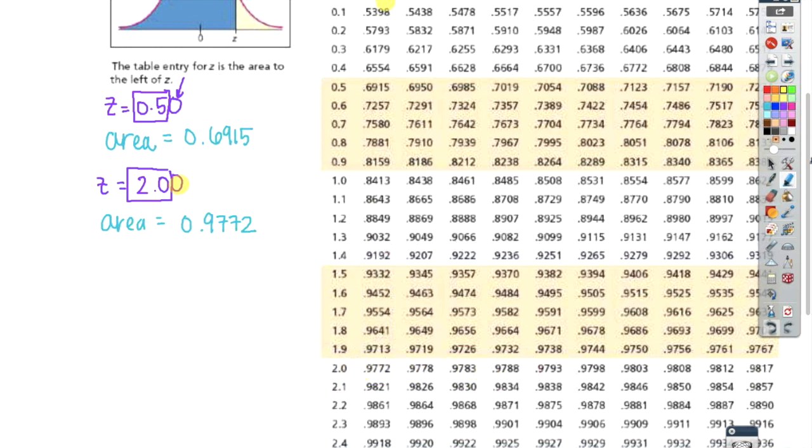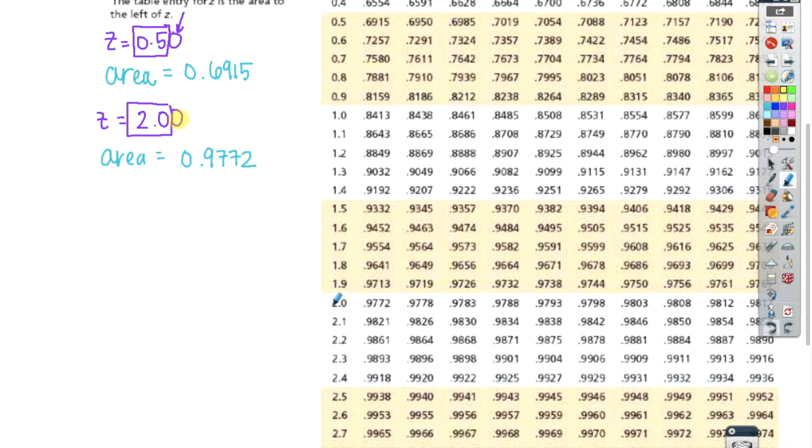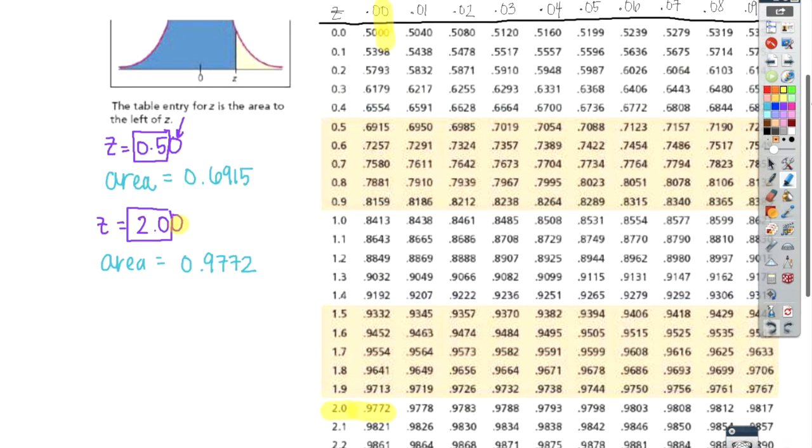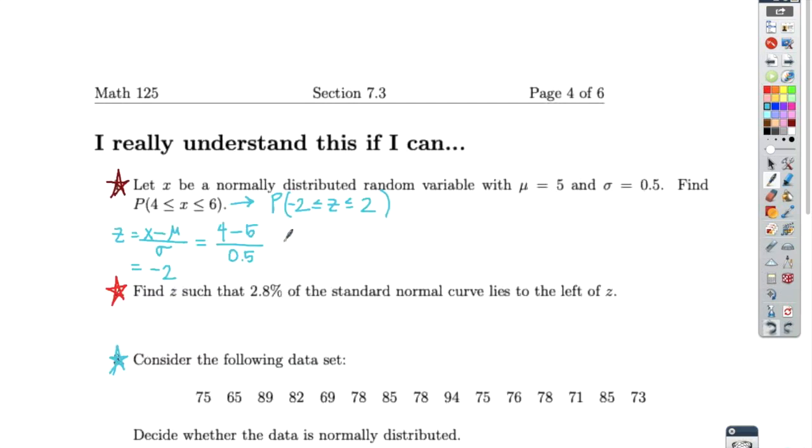So here's the value positive 2, and we want positive 2 exactly, so 2.0. And remember, the 0.00 is this very first column. So here's 2.00, and the area associated with that is 0.9772. So we can write that number down here, 0.9772.